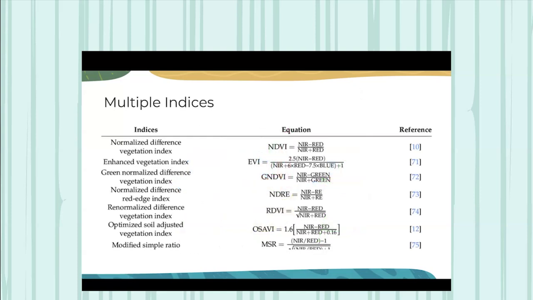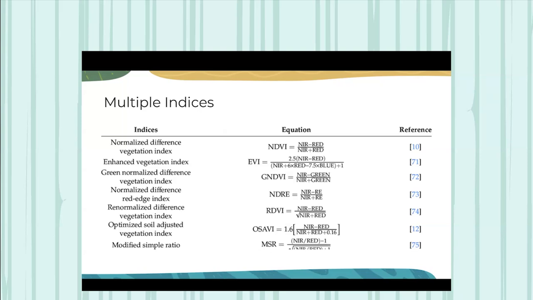From these reflections, we have a set of different standards with the help of which we calculate multiple indices. The most famous one is the normalized difference vegetation index, in generic we call it NDVI. It's actually a ratio between near infrared and red bands.